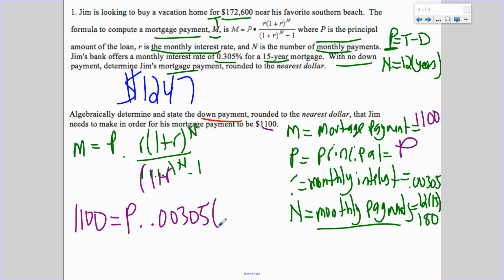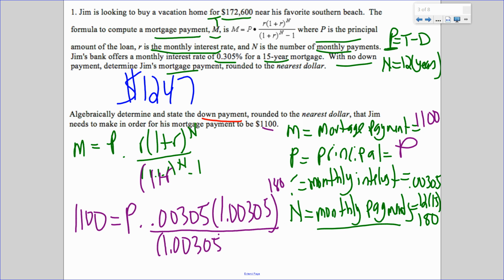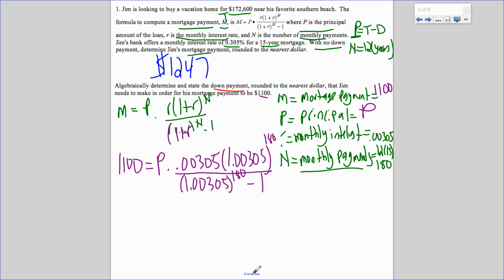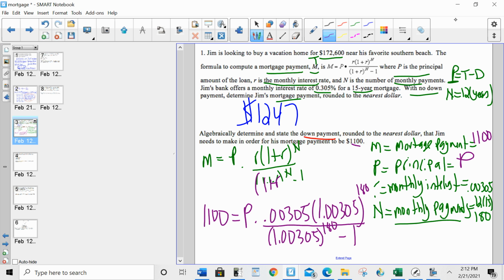In the previous problem I had a 1 plus, but I'm just going to write 1.00305. Just a little bit easier to work with. Over 1.00305 to the power of 180 minus 1. Now, the algebra isn't as simple as it was in the last question, but I can't type the entire problem in, but I can type this whole thing in. That's what I'm going to do.